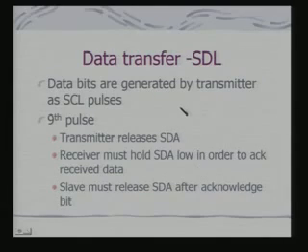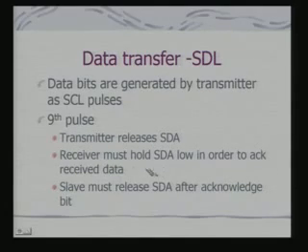Now, the data bits which flow along your SDA, the serial data line, are generated by the transmitter. Now, the transmitter can be the master or maybe the slave, depending on whether it is a read or write operation. In the 9th pulse, okay, the transmitter releases SDA.